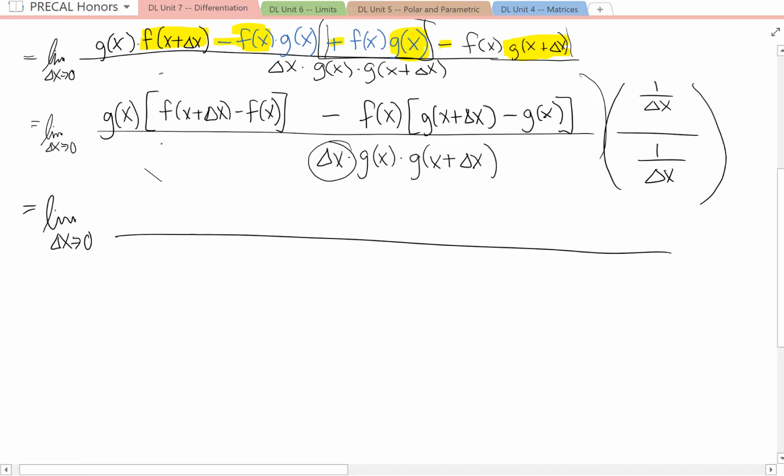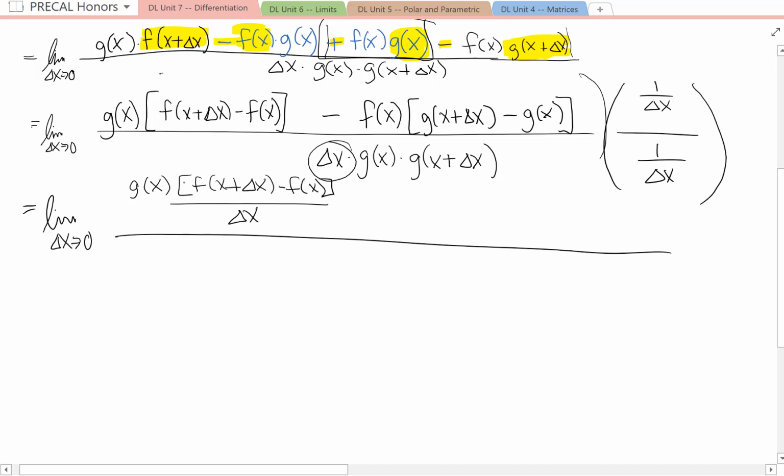So now that we just got the fractions out of the numerator a couple steps ago, we're basically putting them back into the numerator. We have g of x multiplied by f of x plus delta x minus f of x over delta x.